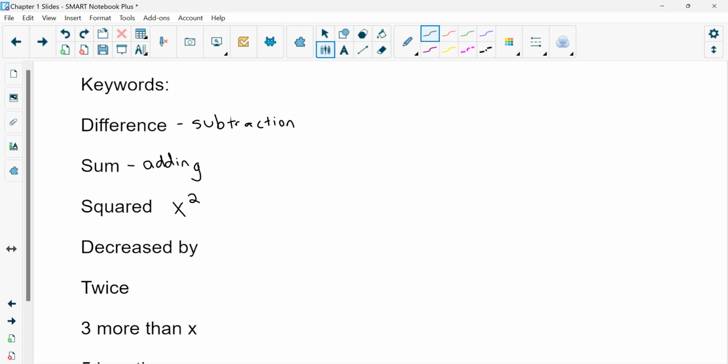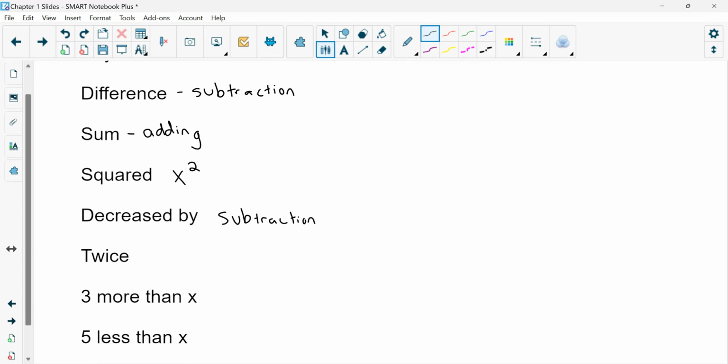You're decreasing it. So if you have $5 and you're decreasing it by $2, you would be subtracting. Twice, if you take twice of something or 2 times something, you would be multiplying by 2.